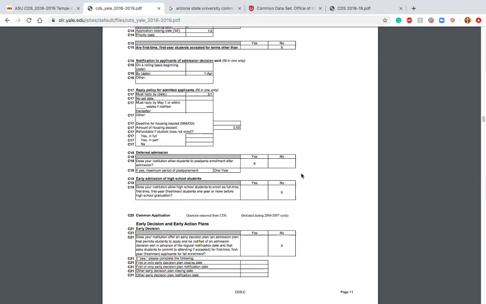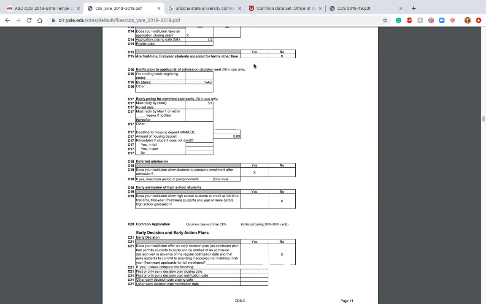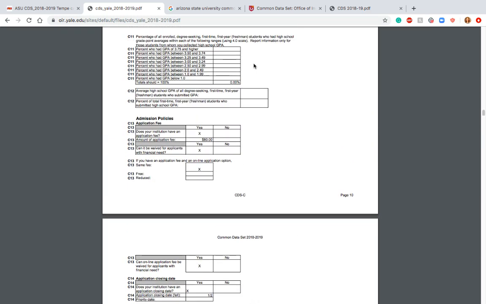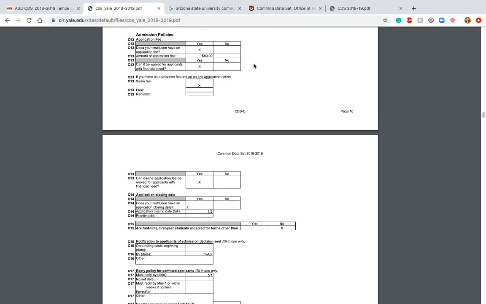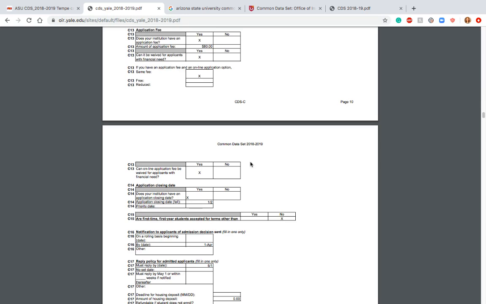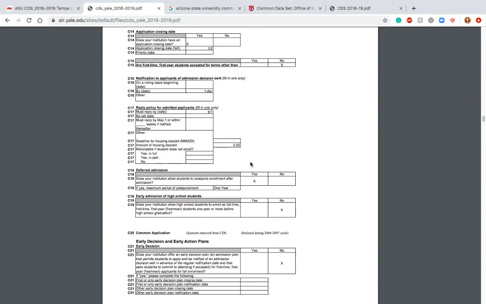And then you'll see that for their early, they have what's called a single action early admission, which is different than an early decision, which is binding. So you can see information here about their early admission.